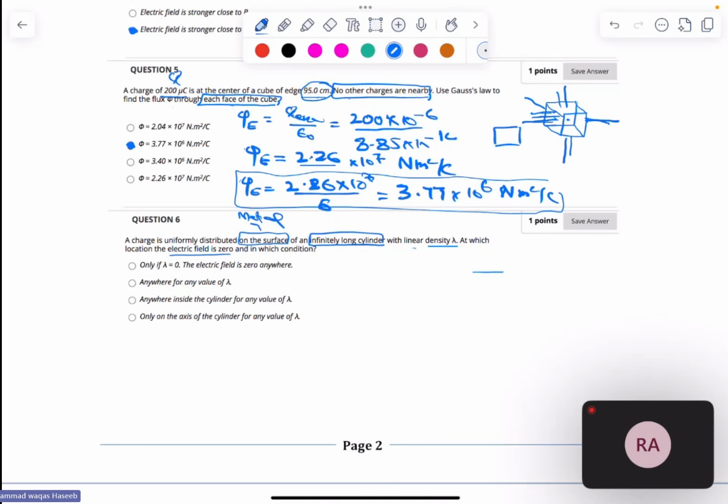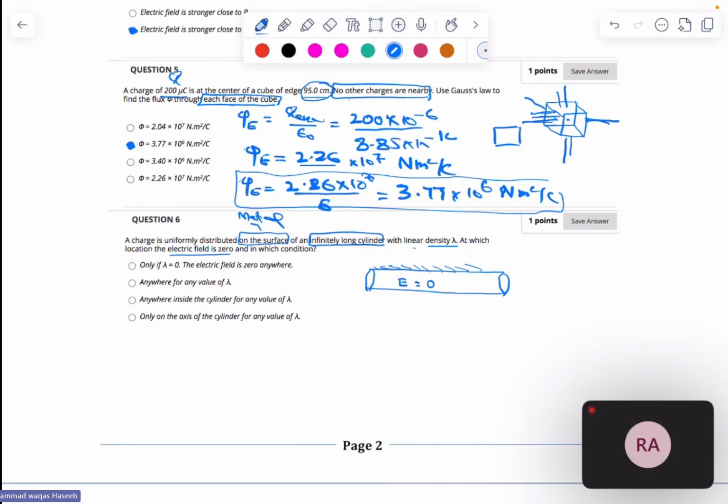So you have a situation like this. You have a cylinder, infinitely long, and all the charge resides on its surface. So there is no charge inside. When there is no charge inside, it means the electric field inside is zero.